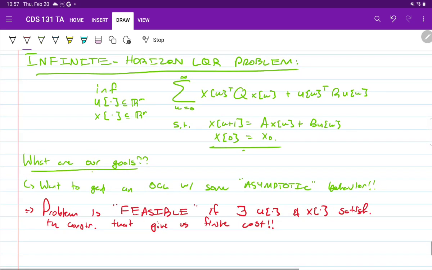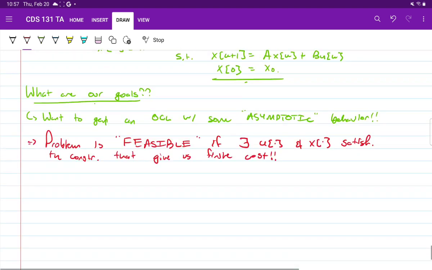Since we have this infinite sum, finite cost is not necessarily a given. Let's say our system is unstable and we have no control over that unstable part of our system, and let's say Q is the identity matrix. It certainly seems like this cost is going to blow up to infinity. So in order to actually have this problem be feasible, we're going to need to enforce extra conditions on the problem, okay?